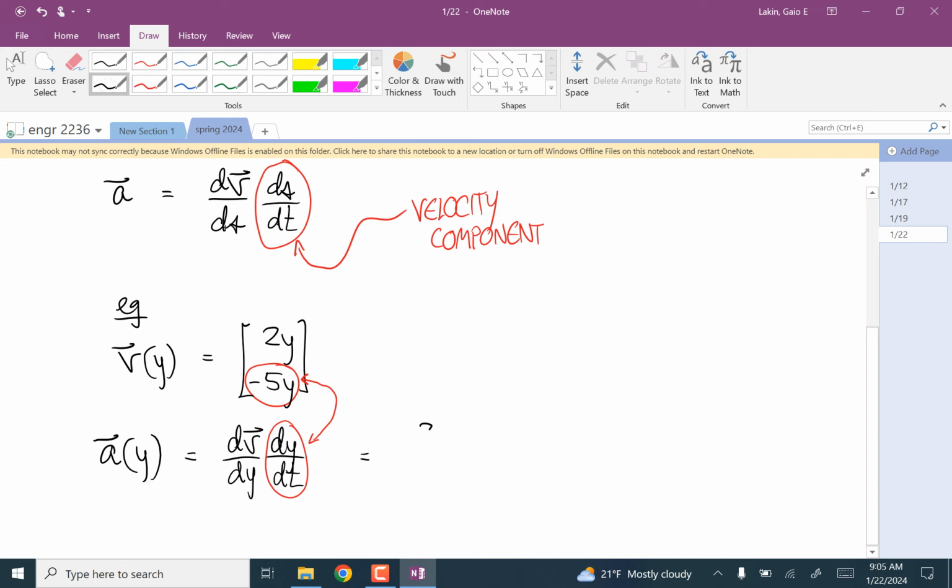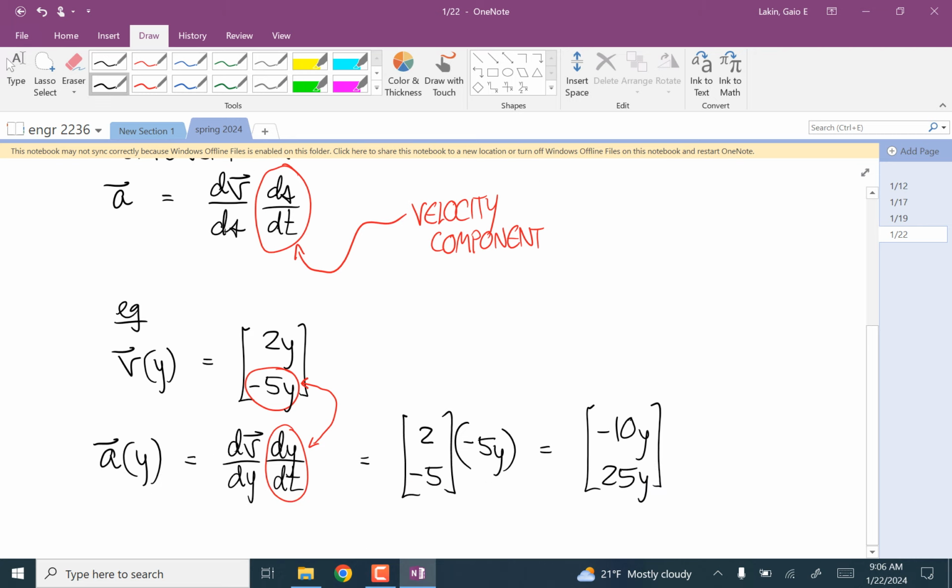So this is equal to 2 negative 5 times negative 5y, and so you get negative 10y positive 25y. Okay.